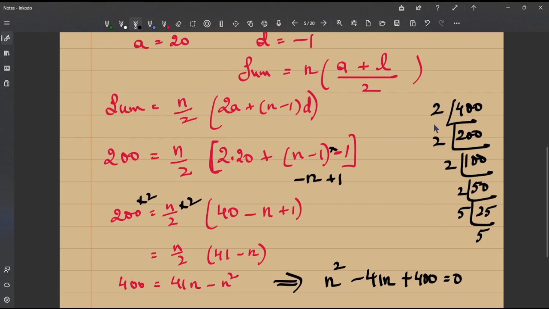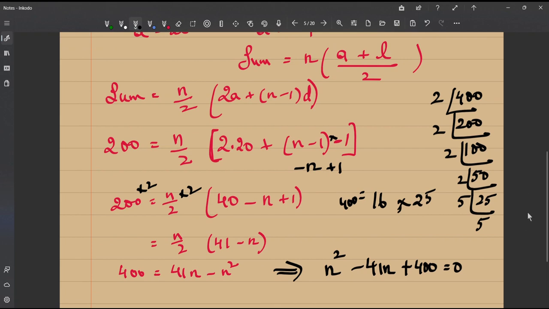Why not we just multiply all the 2's? It gives me 2 2's 4, 4 2's 8, 8 2's are 16, and 5 into 5 is 25. Yeah, these two numbers would definitely add up to 41, just that we'll have to manipulate the signs a little.